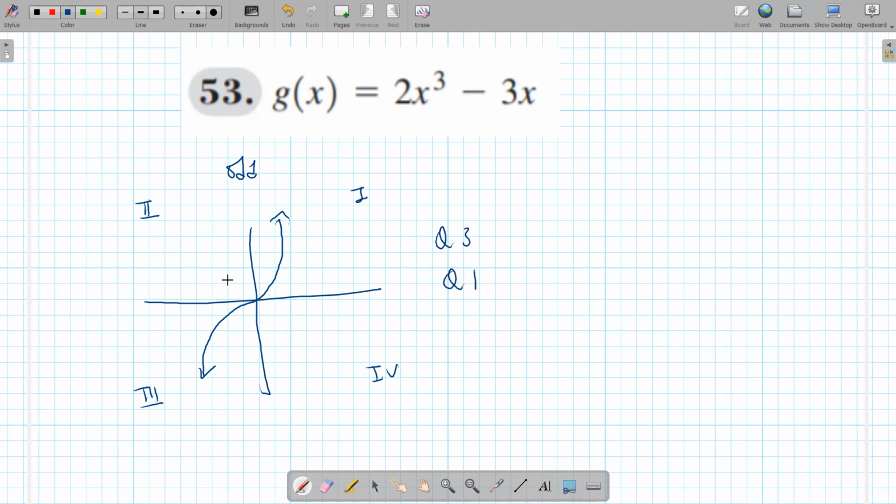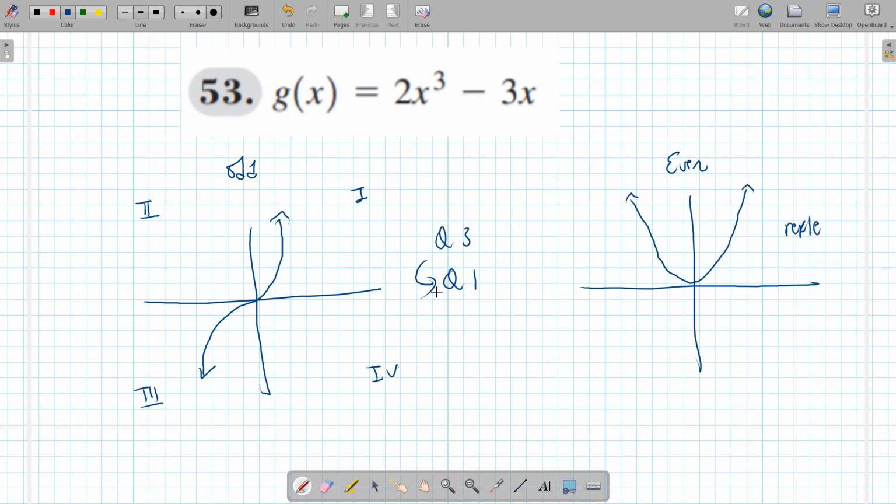It's a reflection about the origin, basically, like this way. For an even function, it's like x squared. It's much easier. It's just a reflection on the y-axis. So even is a reflection on the y.